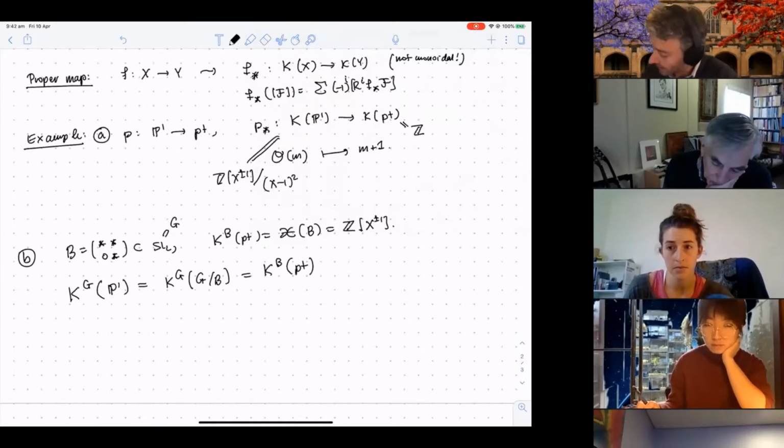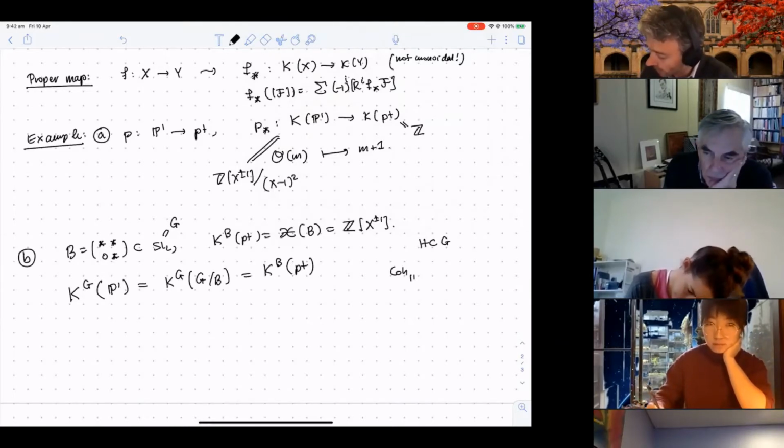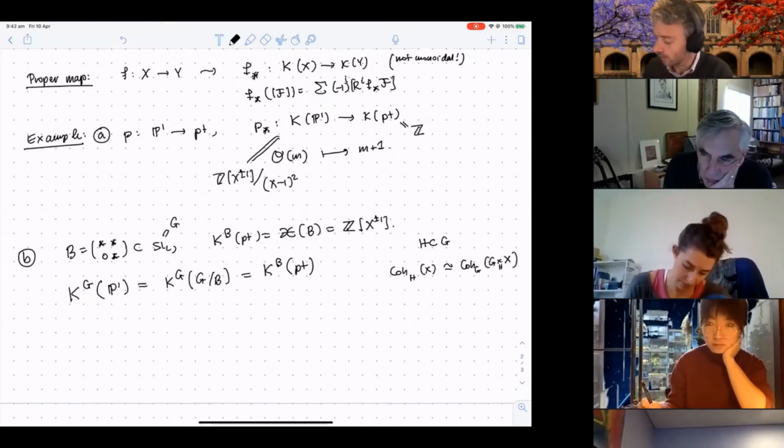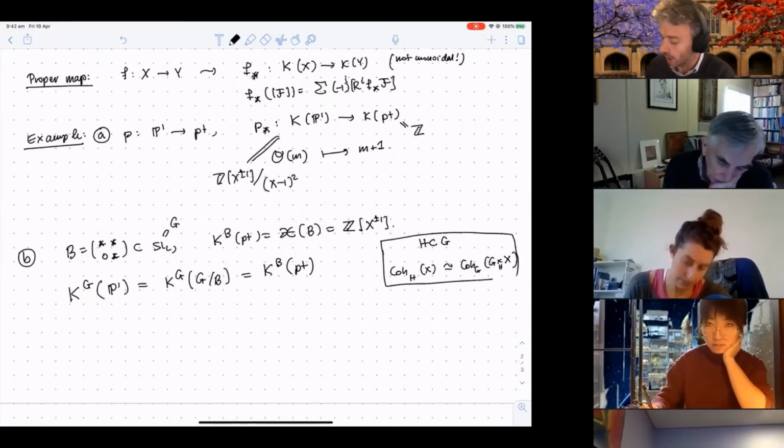So if I have H a subgroup in G, then coherent sheaves on X is equivalent to coherent sheaves on G times H X. And in this case, G times over B with a point is the same thing as G mod B. So this is the same thing as Z.